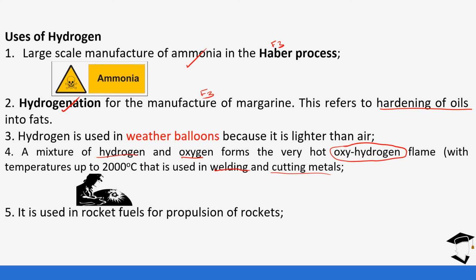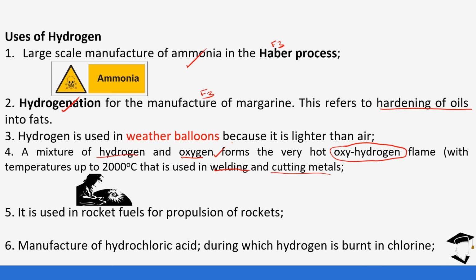And then also it is used to propel rockets, because you can see hydrogen reacts explosively with oxygen. So they usually use this property as well to propel the rockets. And then also it is used in the manufacture of hydrochloric acid.